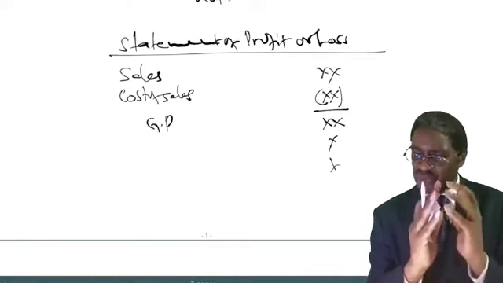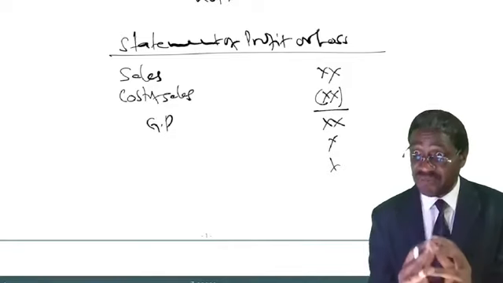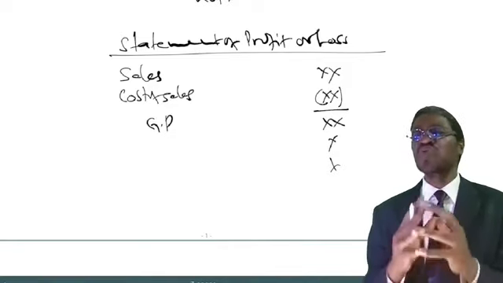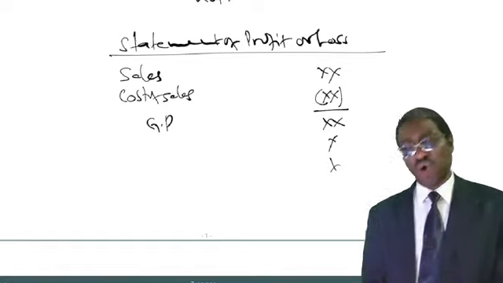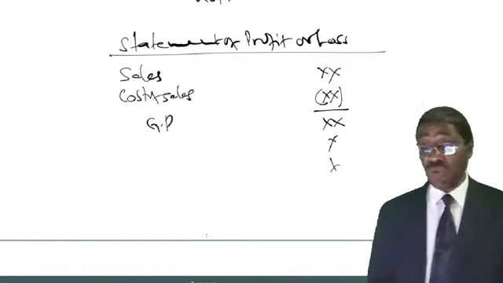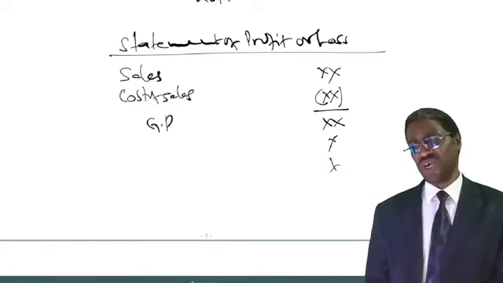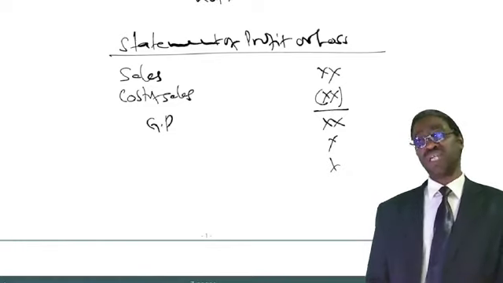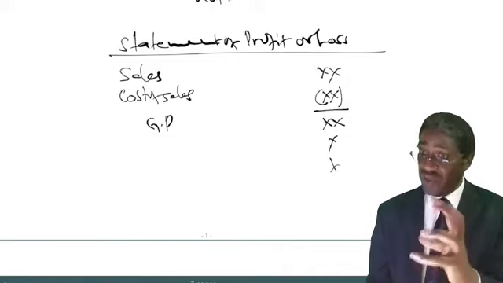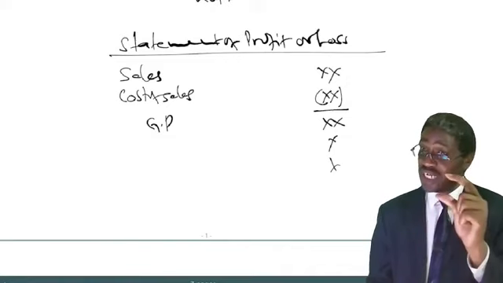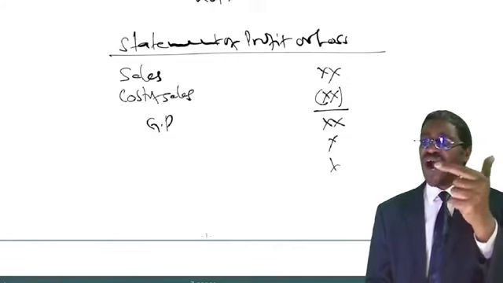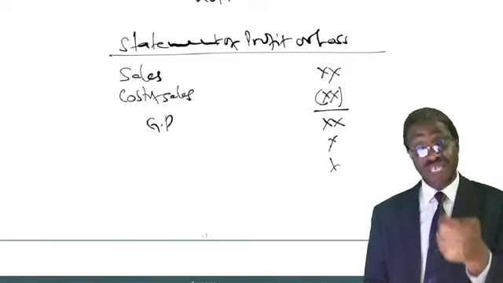But these expenses should be classified according to their function. According to the function they perform in an organization. There are two classes of functions that can be performed in an organization. One of them is an expense can be said to be of administration in nature.